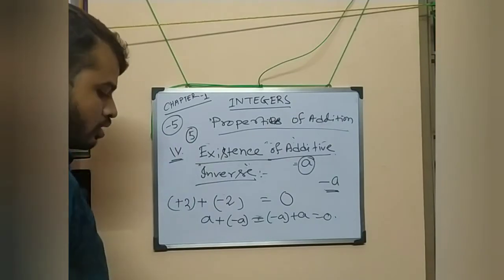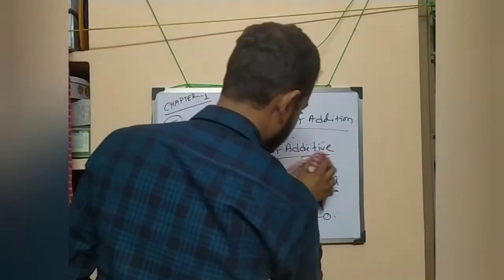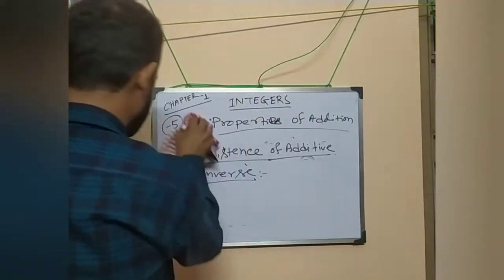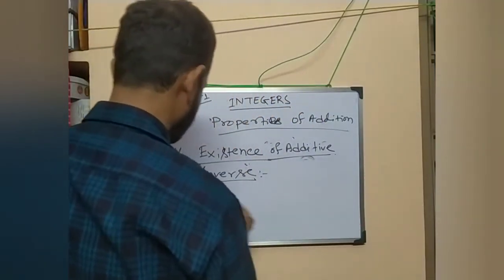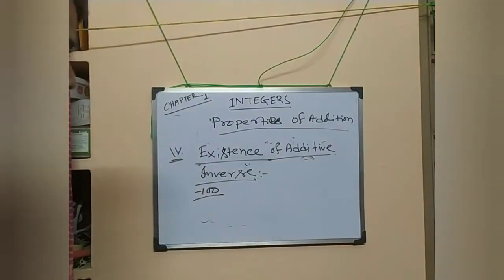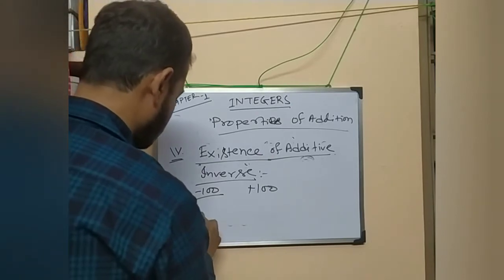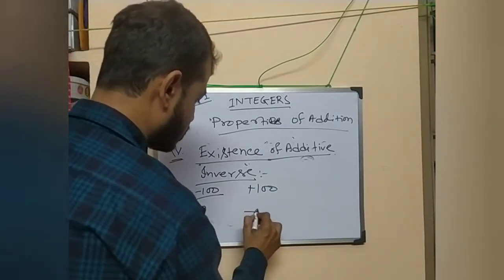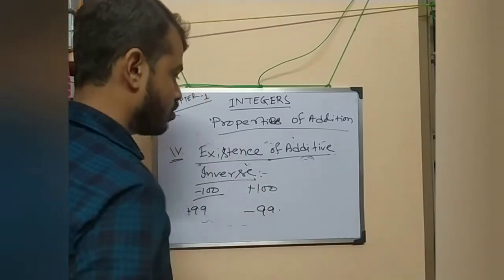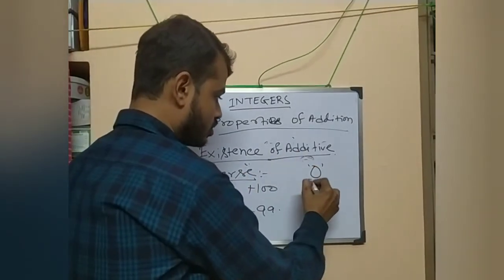Any number, the sign is opposite. If we take any integer minus 100, then the additive inverse of minus 100 is plus 100. Similarly plus 99, additive inverse is minus 99. And additive identity is always 0.